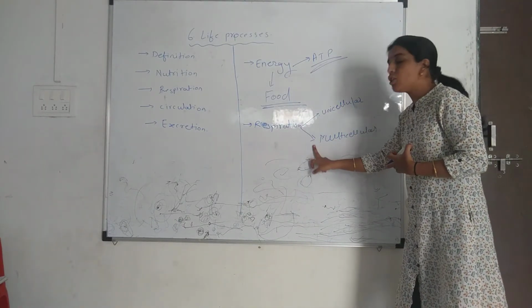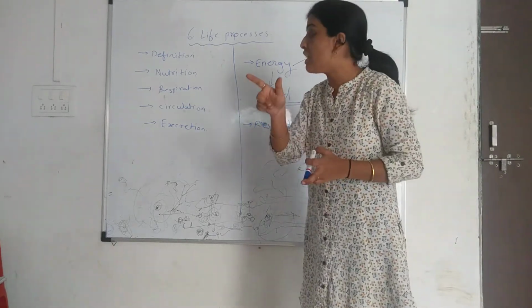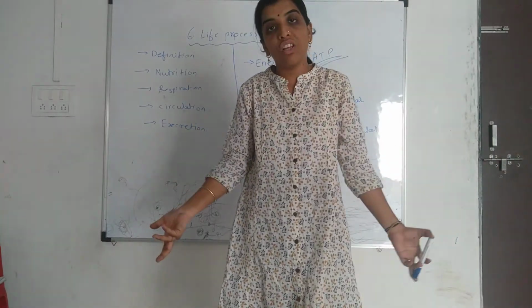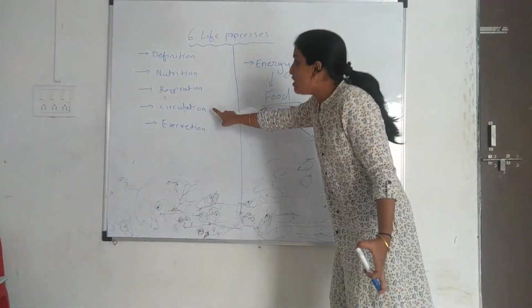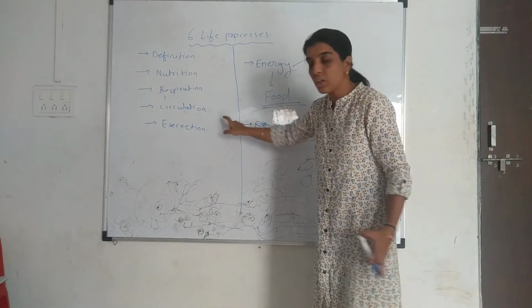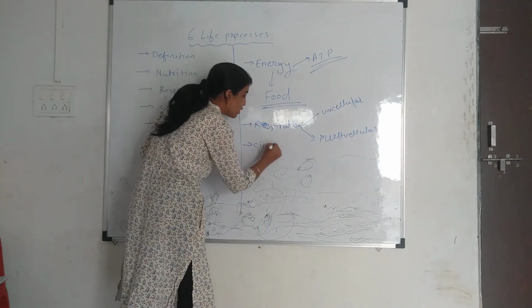Those specific cells absorb the oxygen and transfer that oxygen into each and every part of the body. Now here comes the question, how do they transfer the oxygen? They transfer the oxygen by means of circulation. Okay, here comes the point, that is called circulation.